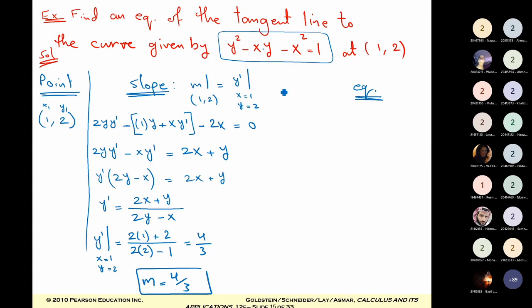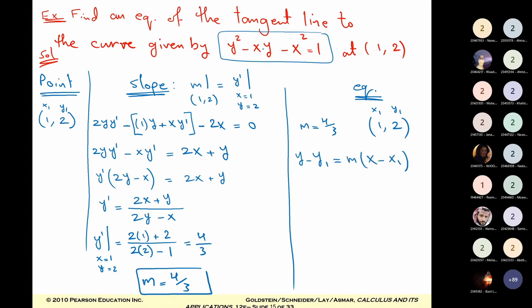Now we have the slope m equal 4 over 3. And we have the point 1 and 2. This is equal x1 and y1. Now y minus y1 equal m times x minus x1.